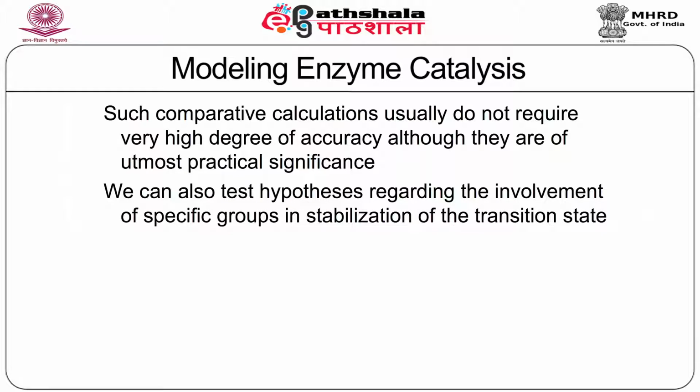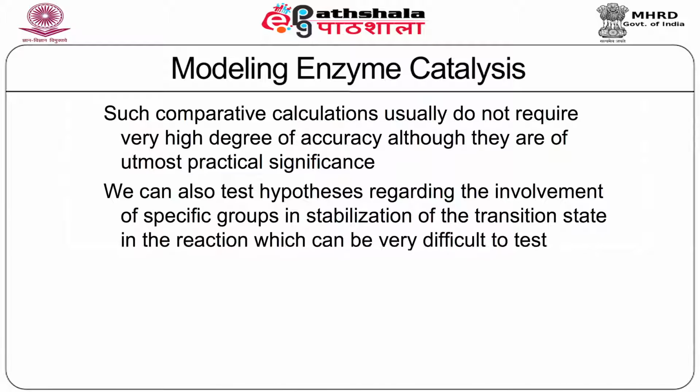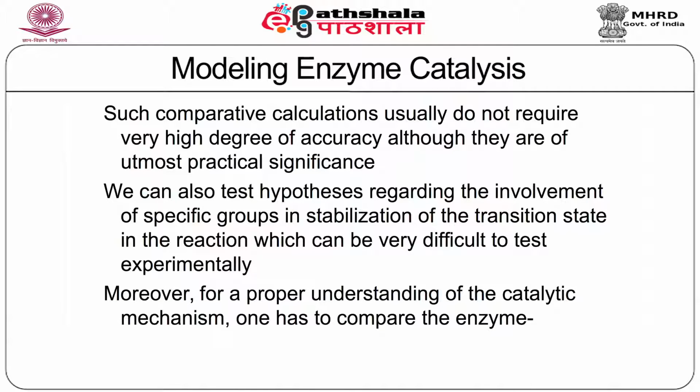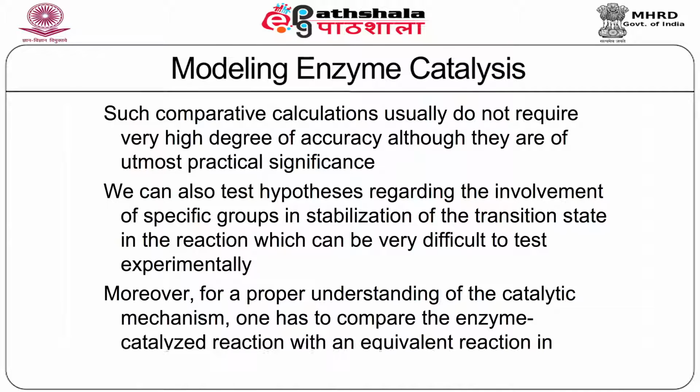We can also test hypotheses regarding the involvement of specific groups in stabilization of the transition state in the reaction, which can be very difficult to test experimentally. Moreover, for a proper understanding of the catalytic mechanism, one has to compare the enzyme catalyzed reaction with an equivalent reaction in solution in the absence of the enzyme.